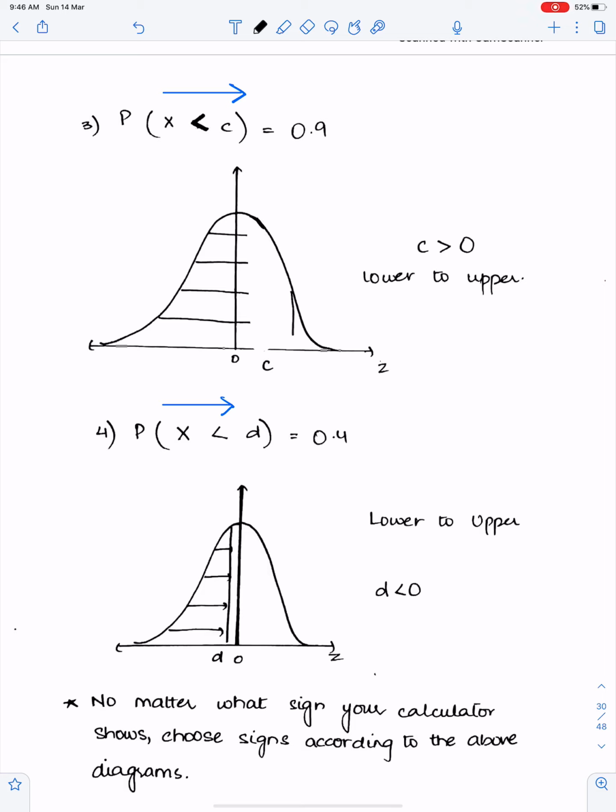And your constant is here. Since the area is very large, close to 1, it must be here.